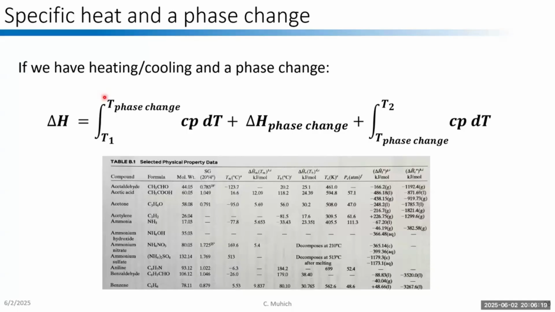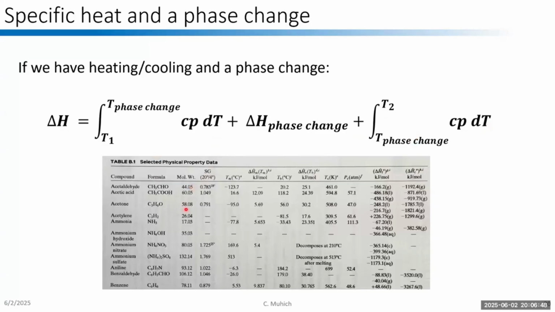I have to use sort of a compound change in enthalpy, where I use the heat capacity of the first phase that will take me from whatever temperature I'm starting at, move up to the temperature of the phase change, then take into account the phase change and enthalpic change, and then do whatever secondary temperature change that I'm interested in.